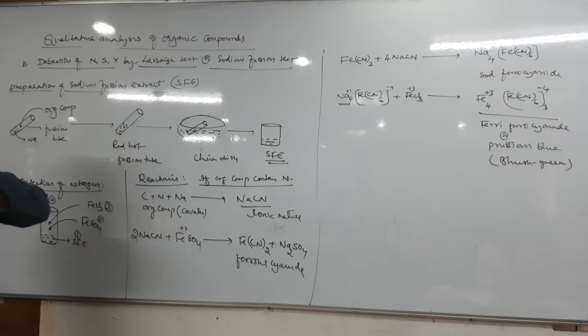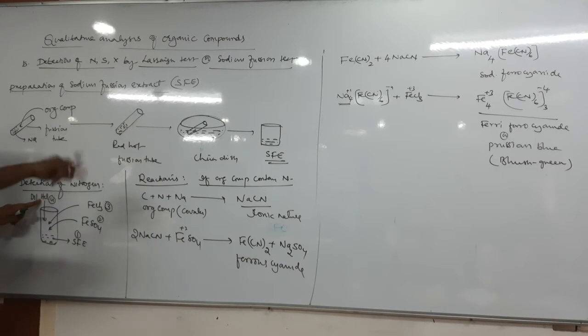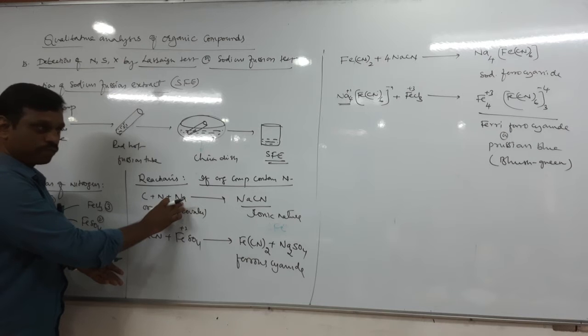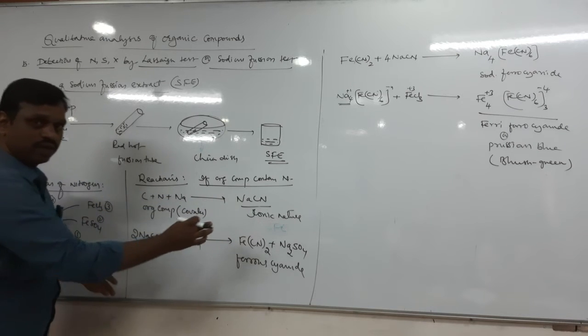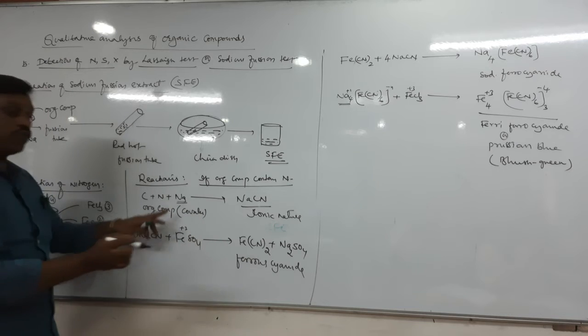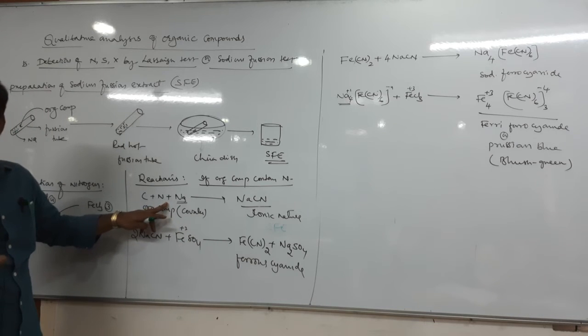Okay. Then what is the function of HCl? I'll tell you. In this whole equation, the organic compound is treated with sodium, right? You'll get sodium cyanide. In this reaction, the sodium also reacts with water. Where is water present? We are not adding water.